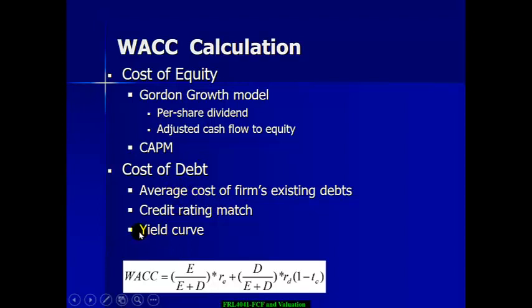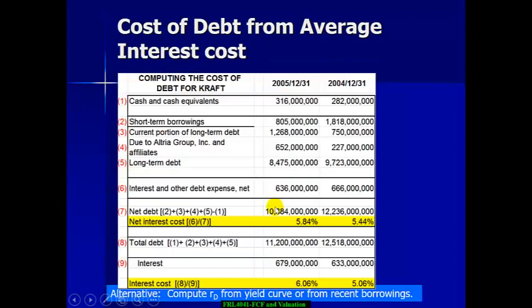We can also use a fitted yield curve to see the relationship between yield and maturity. And a lot of people like to use average cost from the financial statements. One rough estimate is to look at the interest expense and the debt amount, then get the average cost. This measure depends on the firm, and sometimes could be quite noisy though.